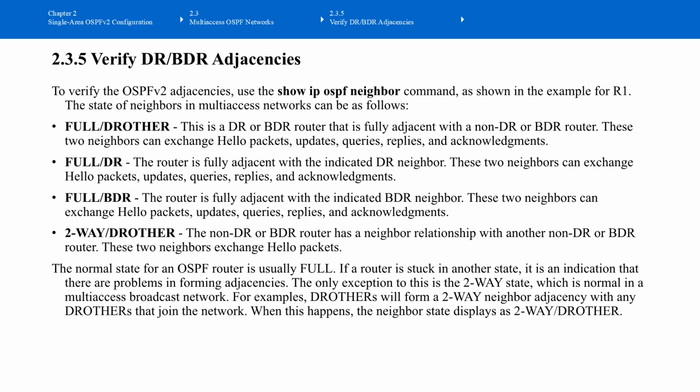We also have FULL/DROTHER, where a DR or BDR is fully connected to a DR other. We also have 2-WAY/DROTHER. That's where the two DR others know about each other, but they do not form a full adjacency.